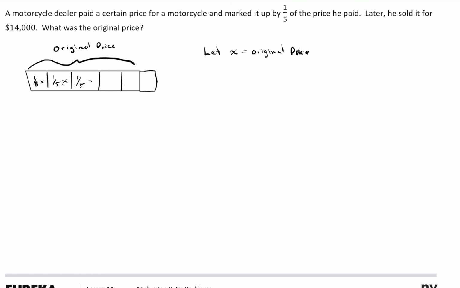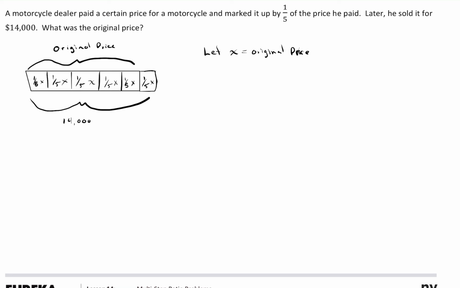So is this, and so is this, and so is this. The final part of this is that markup, that 1/5 of x. So this total price altogether is $14,000.